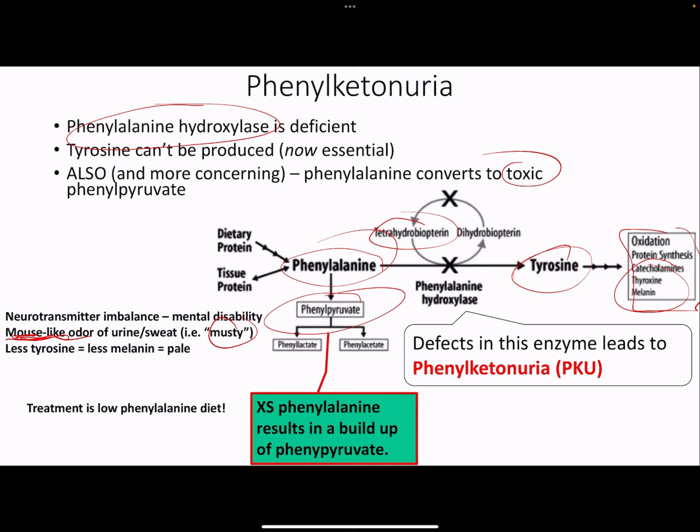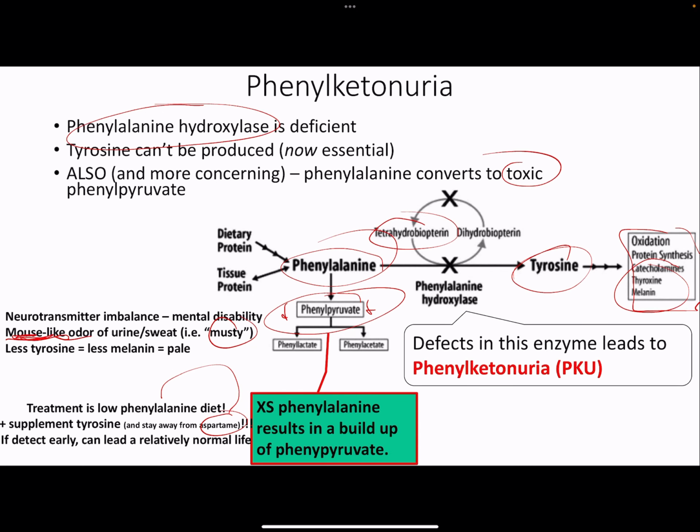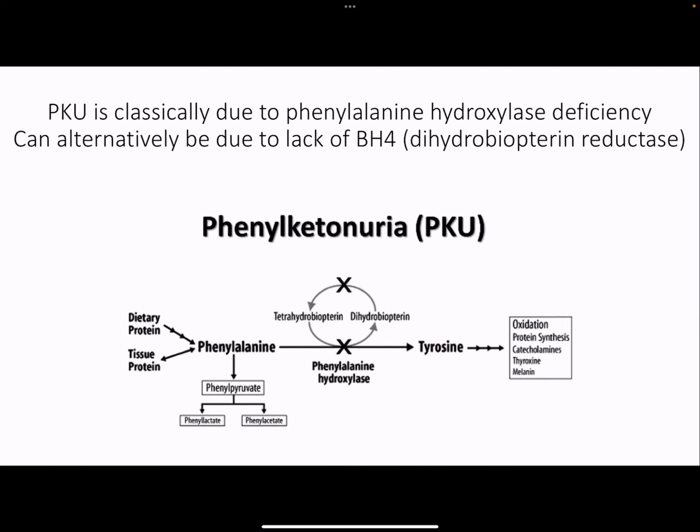So you would obviously want to not have phenylalanine, or as much. Obviously you need some, but less, so that you can have less of this toxic phenylpyruvate. Additionally, as we said, you want to supplement tyrosine and stay away from aspartame because that contains phenylalanine. And yeah, if you treat it well, it's mostly something we can take care of and sort of rescue the phenotype.